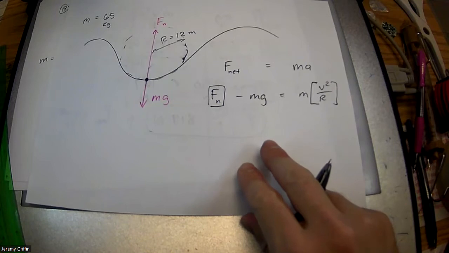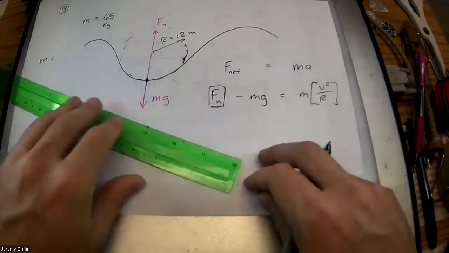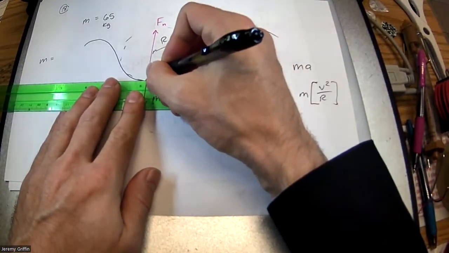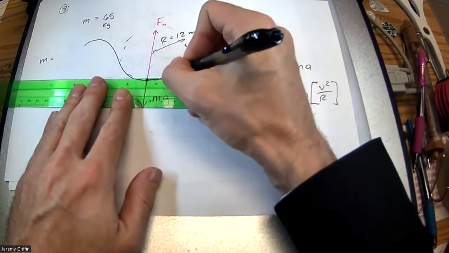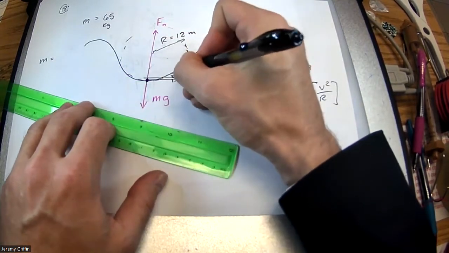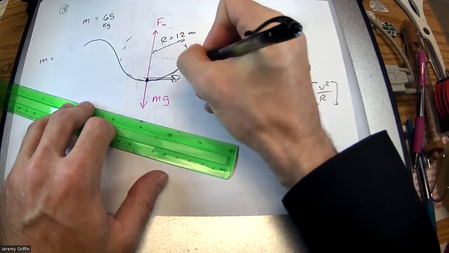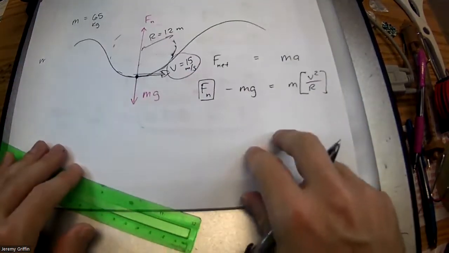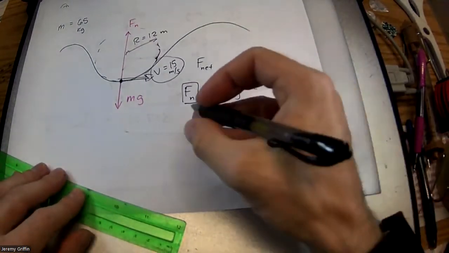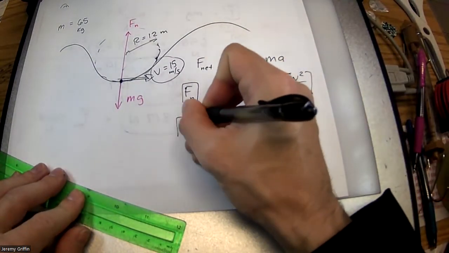They must have told you the speed going through. They did give you speed. Oops, I forgot to label that. They said so many meters per second down here at the bottom. I'll go v equals about 15 meters per second. So I've got all this, then I can just feed these numbers in at this point and solve for the normal force.